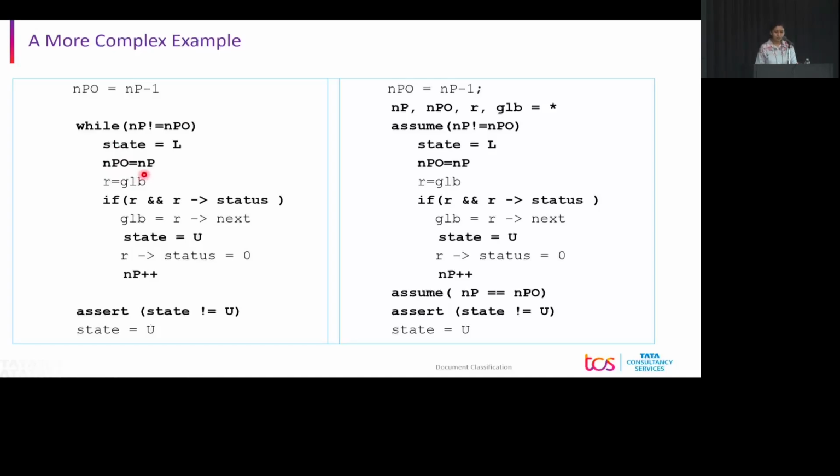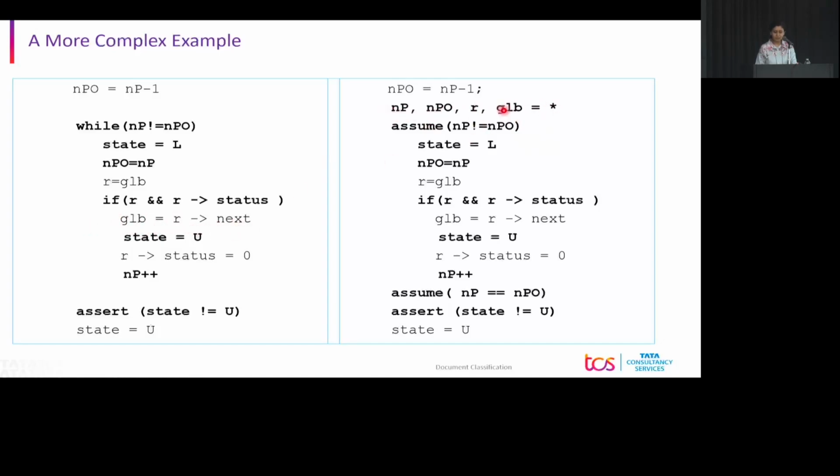If we had to perform such an abstraction, as explained in the previous slide, on this program, what would happen? We are saying that we are going to abstract the outputs of the loop, so whatever is being modified in the loop has to be approximated. NP is being modified, NPO, R, because R is being assigned to GLB, GLB is being assigned to R, and then GLB also because it's being changed here.